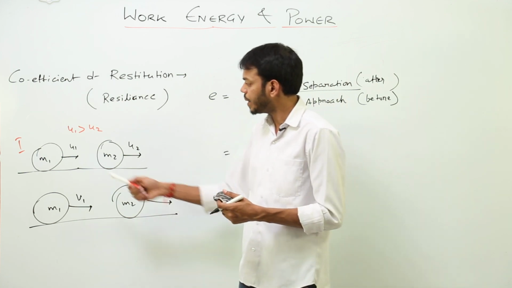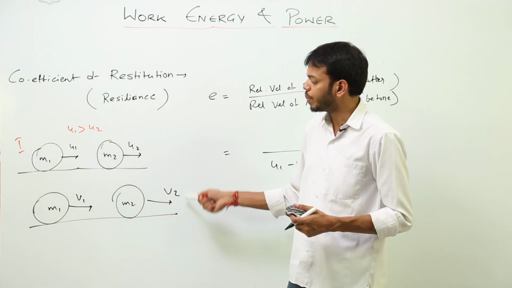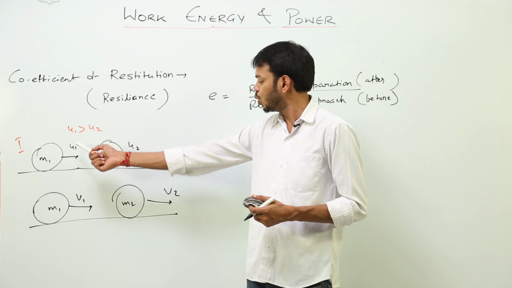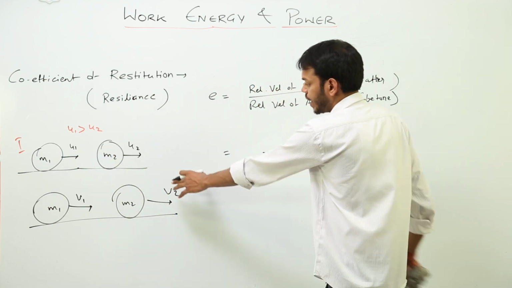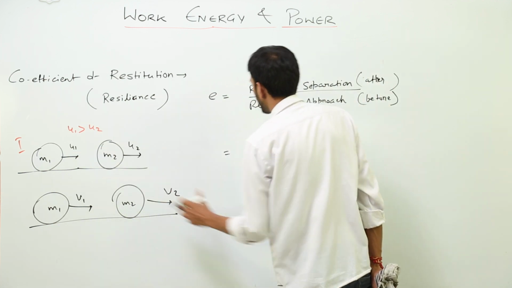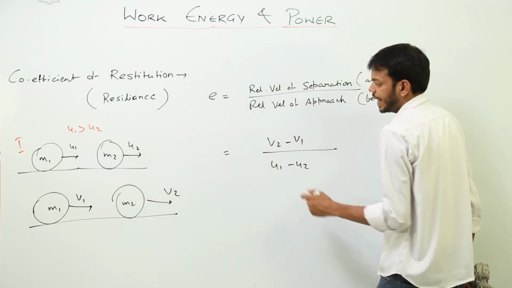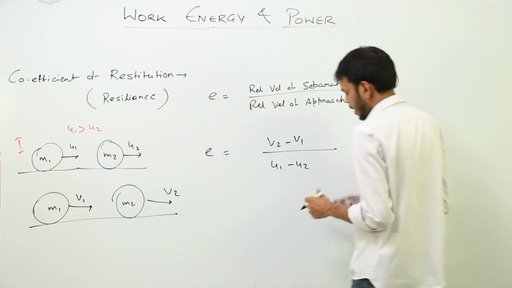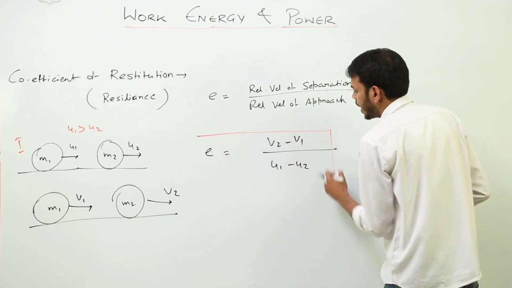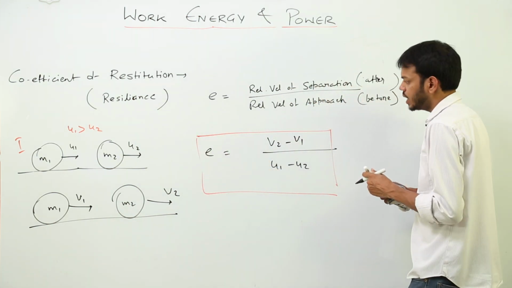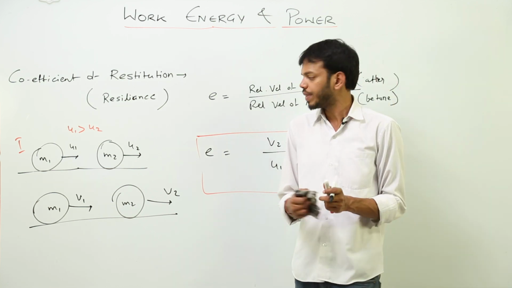So the velocity v2 will automatically be greater than v1 because initially u1 was greater than u2. So the relative velocity of separation is v2 minus v1, right? So this is the value of E, the main formula for E, and we also have a method to determine the value of E. Let's see the method.